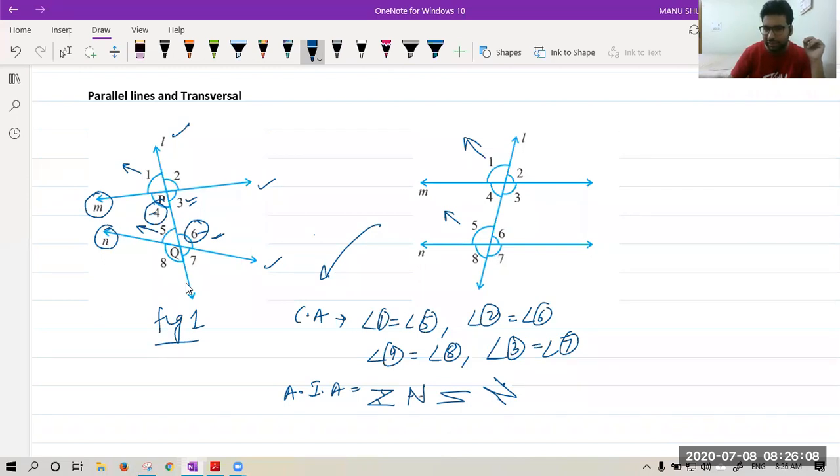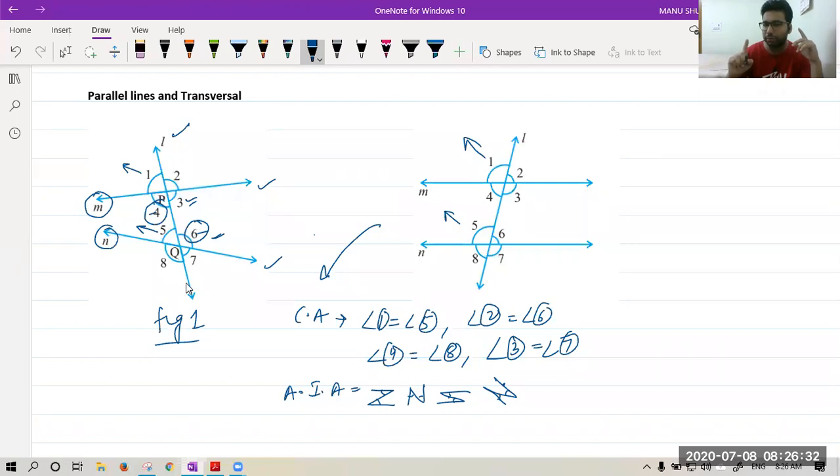Angles coming inside, that is why the property name is alternate interior angles. Ansh is saying 1 and 7. Okay, but they are exterior ones, no? Ansh, they are not interior, they are alternate exterior.